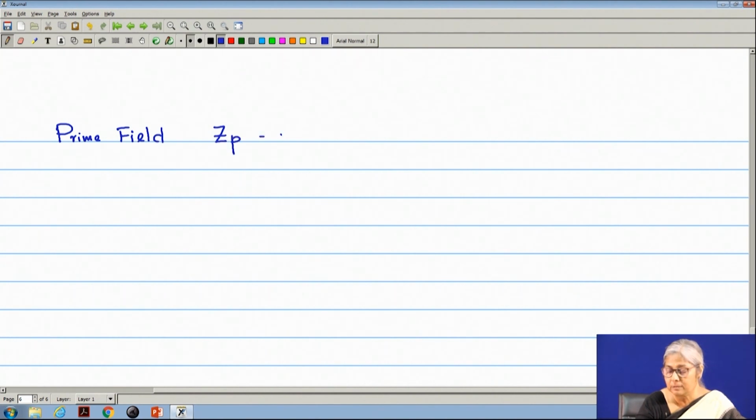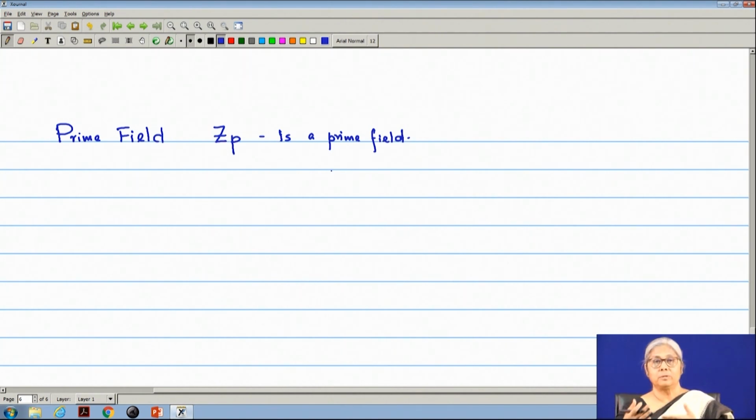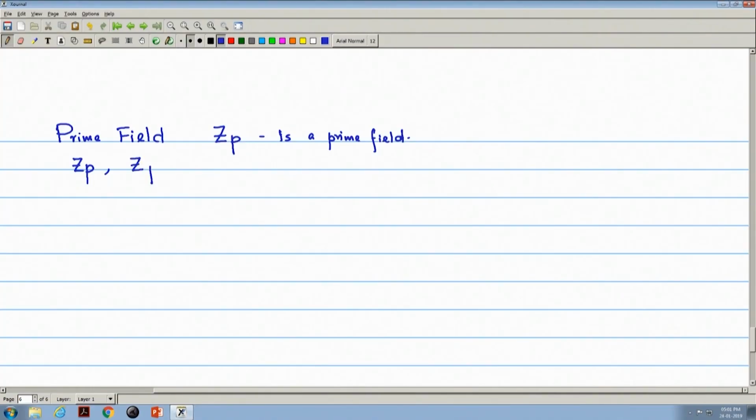So, Zp is a prime field, and mainly in the next lectures we will be considering this prime field and the extension field, that is Zp^n, that means when this is p to the power n, the set of elements are 0 to p to the power n minus 1. So, mainly our focus is on these two fields we will be discussing.